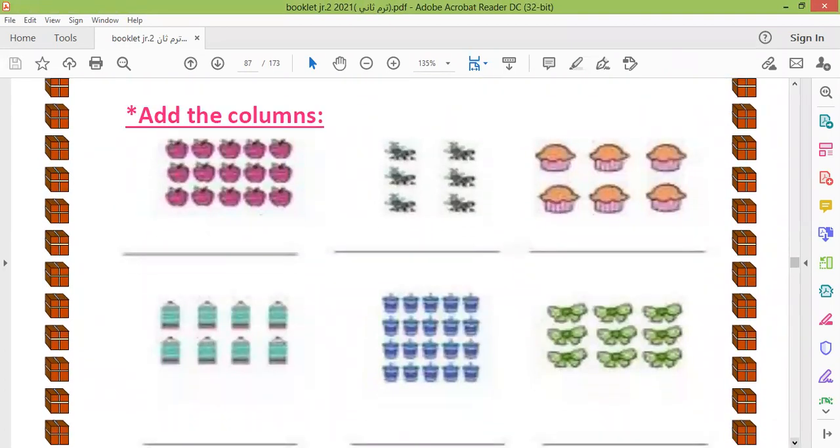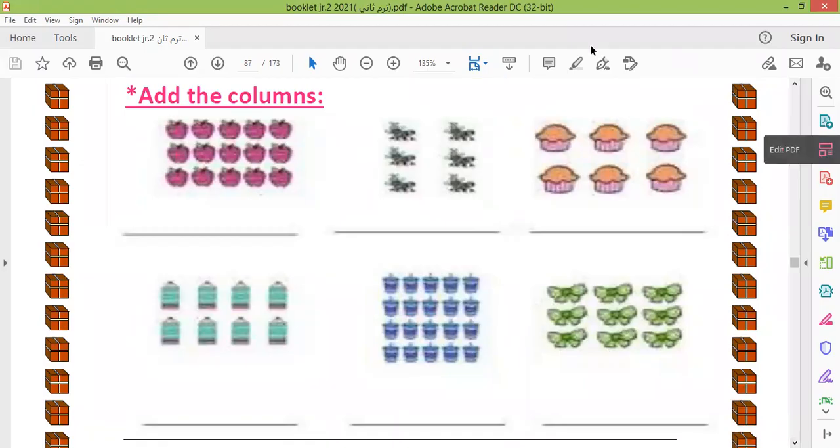Now we add the columns. We have here 5 columns, and each column have 3.